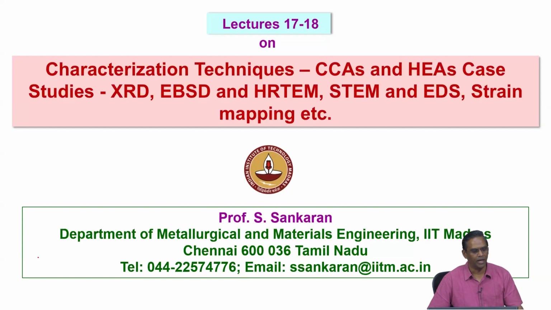And then we have high angle annular dark field in STEM, that is scanning transmission electron microscopy. And we have atom probe tomography, where you can trace atom by atom and look at the morphology in 3 dimensions and so on. The complementary use of all these sophisticated techniques will give us a much better overview of these complex alloys.